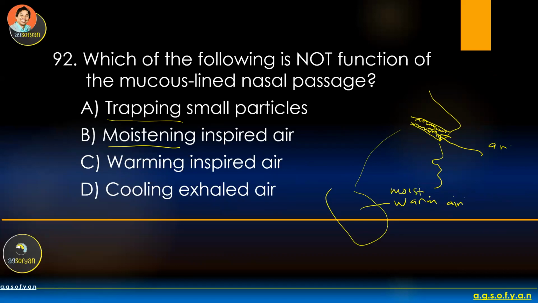Moist and warm air is needed by the lungs. So this mucus lining will trap small particles, moisten the air, and also warm the air. So the one that is not a function is cooling the exhaled air. This is not a function of the mucus lining of the nasal passage.